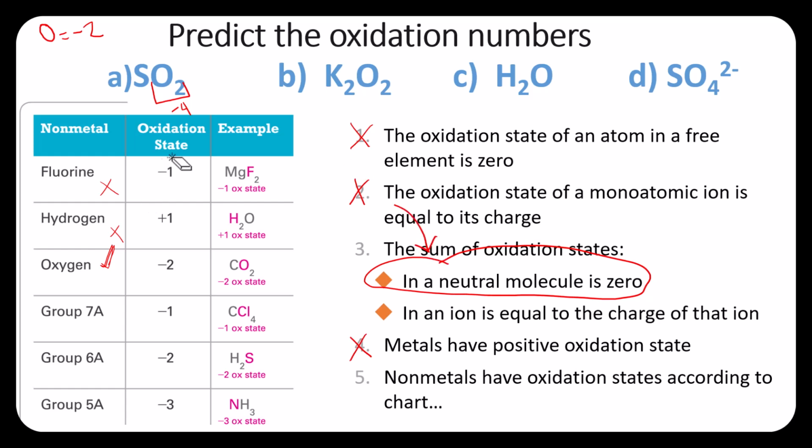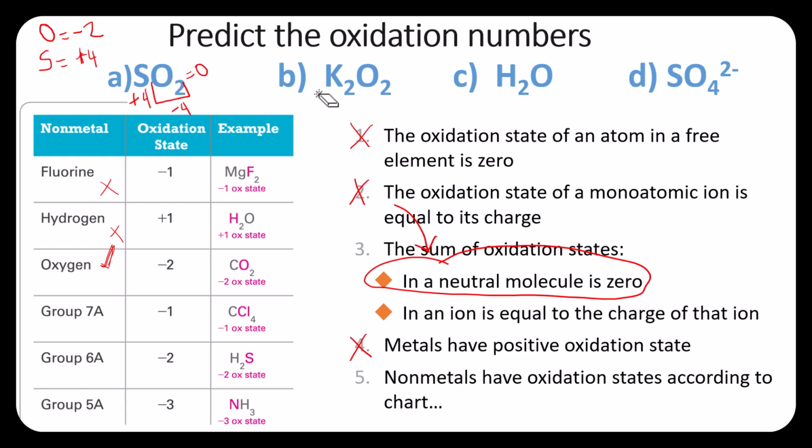Sulfur has to have an oxidation state of whatever to make the sum of the states neutral. So that tells me that sulfur has to be a +4. So sulfur has an oxidation state of +4. Oxygen has an oxidation state of -2. But when we add all of that together, it's a sum of 0.